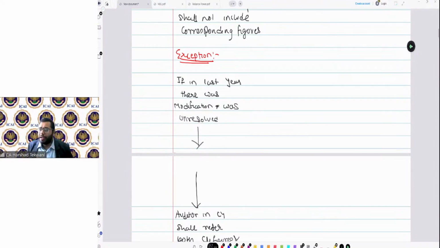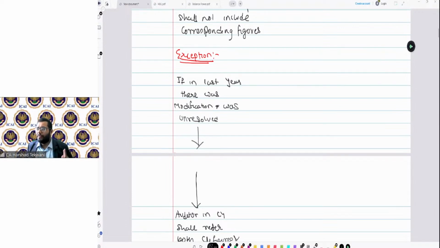Then the auditor is required to verify whether the misstatement has been dealt with as per the applicable financial reporting framework, and if that is not the case, means the misstatement is still open, then again I'll issue a qualified or adverse opinion on the current period financial statement, modified with respect to the corresponding figures therein. Means the corresponding figures that are impacted, I'll again mention those in my opinion.